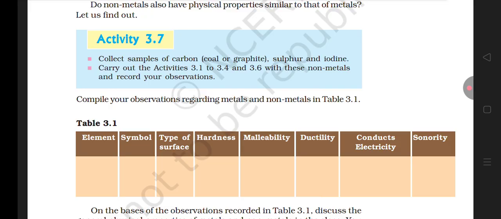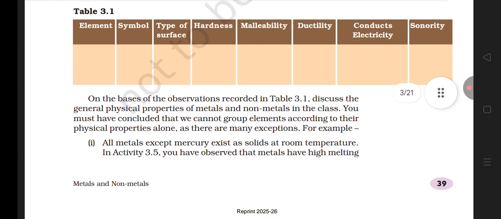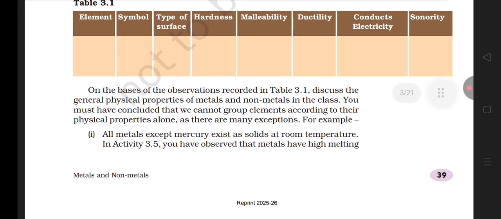So here we have to basically record. Now we have collected the samples, and we have to do these activities again, whichever activities we have done with metals, and just record our observations. So you will notice, children, that non-metals are generally soft, not very hard. Of course there are some exceptions, we'll read about them.